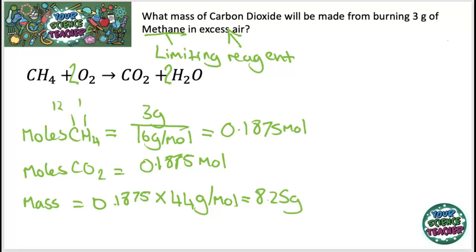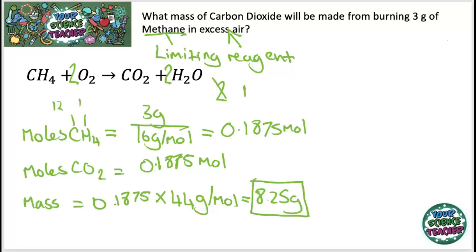You could also work out the mass of water that you want to make as well. And this would really show that ratio idea that I was talking about. You would make 2 times the moles of water, so 0.1875 times by 2, which gives me an answer of 0.375.